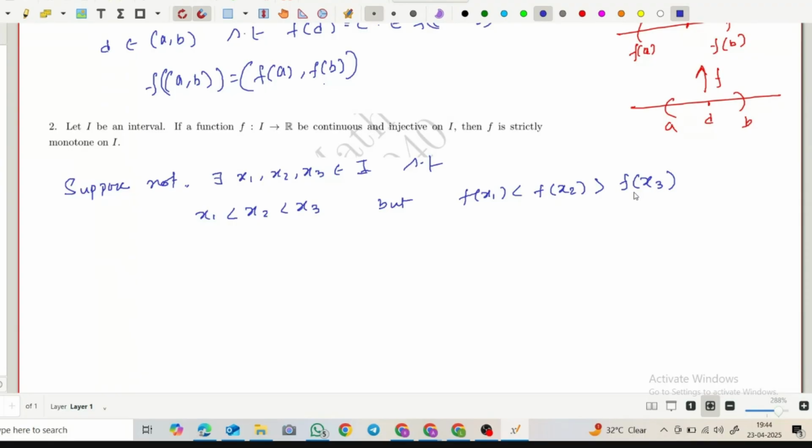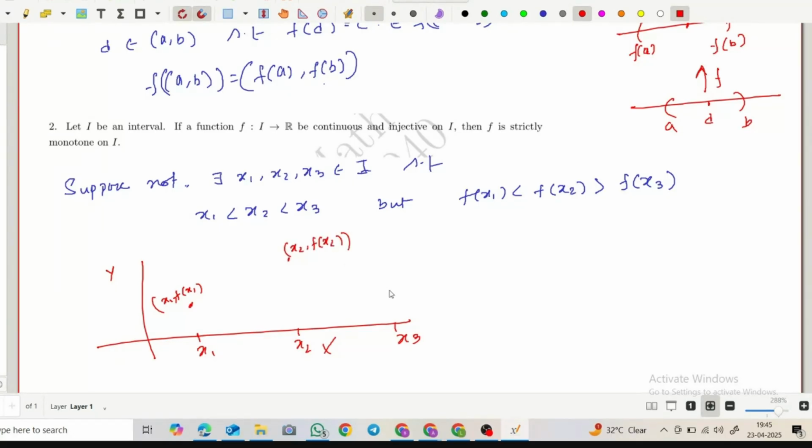It doesn't mean that x1 < x2 < x3 gives f(x1) < f(x2) < f(x3). There will be one inequality that will be reversed, right? So, x, y, x1, x2, x3. Suppose this is the point (x1, f(x1)). Okay, so f(x2) is largest, say at x2. And then there is again x3.